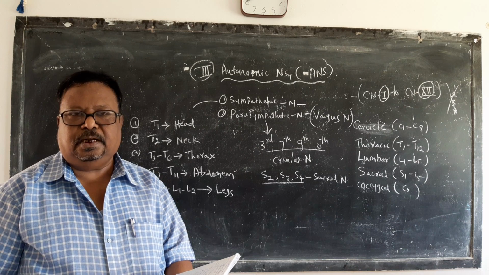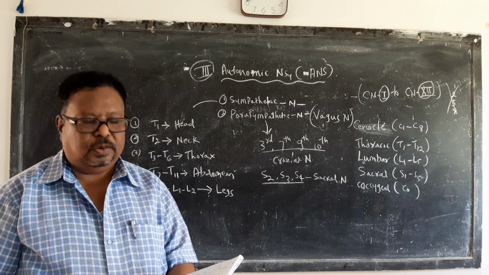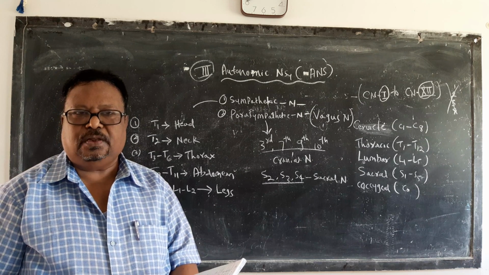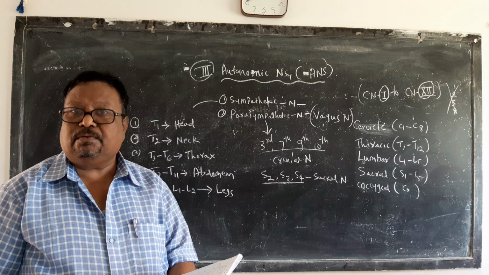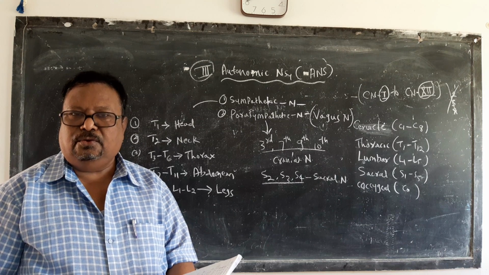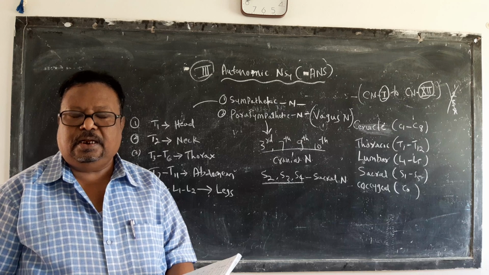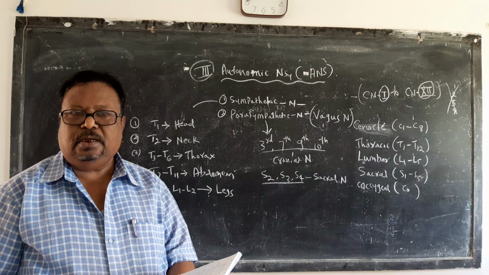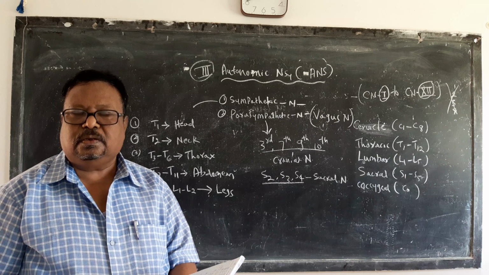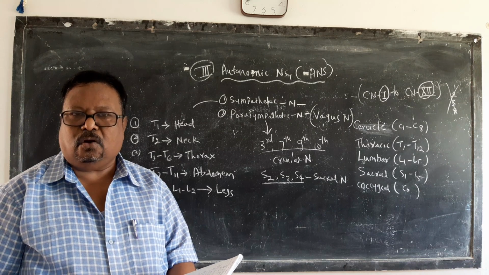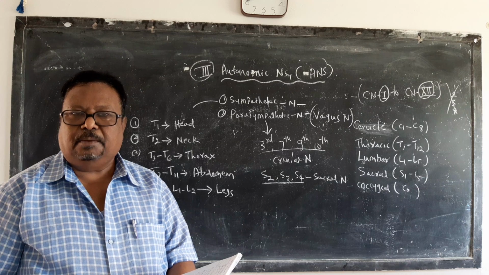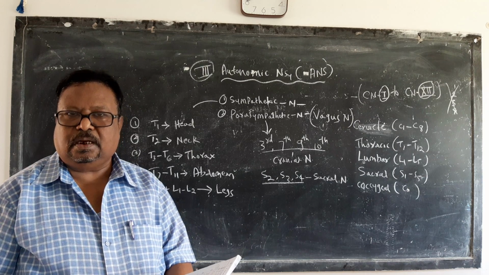So I have completed the nervous system, in which we have learned about the three parts of the nervous system and the nervous tissue, which is made up of neurons and neuroglia. In detail we have studied the nervous tissue and the different parts of the nervous system, that is the brain and the spinal cord and the peripheral nervous system and autonomic nervous system.